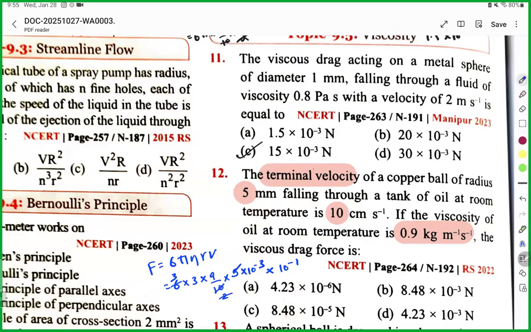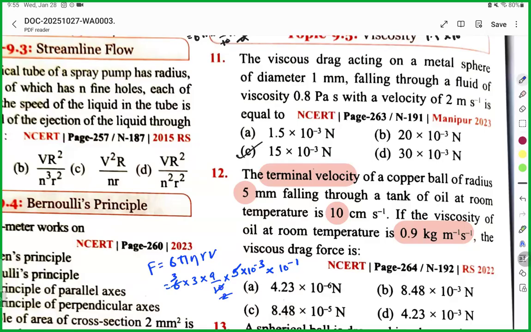So option B. Yes, guys, got your answer? Sir, can you explain again? The answer will be B or C, I guess, because 9 nines are 81. So around 80, 81 into 10 raised to power minus 4.